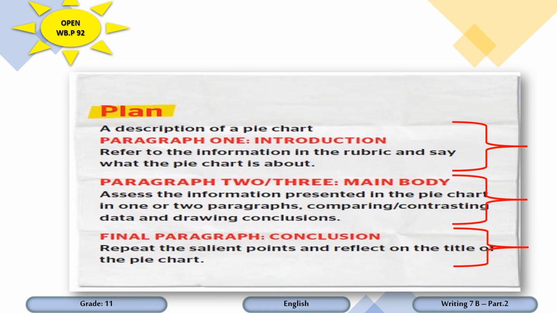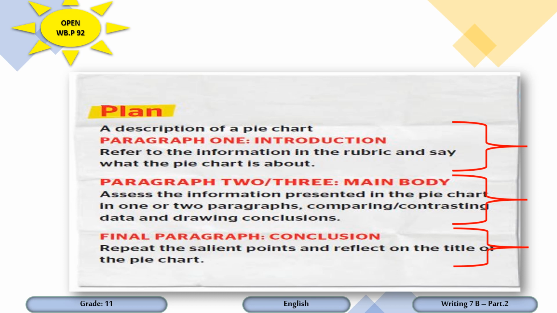So the first paragraph is the introduction. What should we do in the introduction? In the introduction, we should mention what the pie chart is about. In the second and the third paragraph, or what we call the main body, we always use the information presented in the pie chart in one paragraph or two paragraphs, making comparisons, making contrasting data, and drawing conclusions.